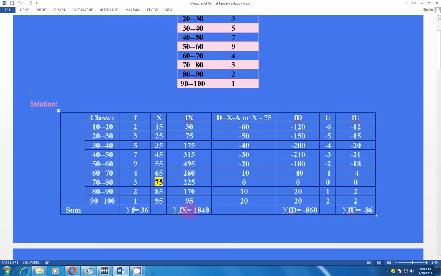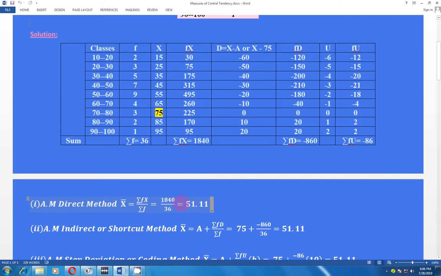So after dividing these two, the answer is 51.11. So that is the arithmetic mean through the first method, the direct method.